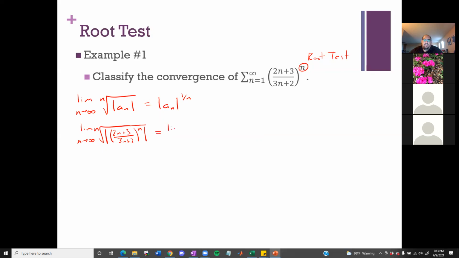All right, does anybody see what happens as I set this up? How can I re-express this? You can get rid of the nth root and the power of n. Right, those are just going to cancel each other out. In fact, one thing I should probably do before that is, since n is only positive, these absolute value bars aren't really making a difference.